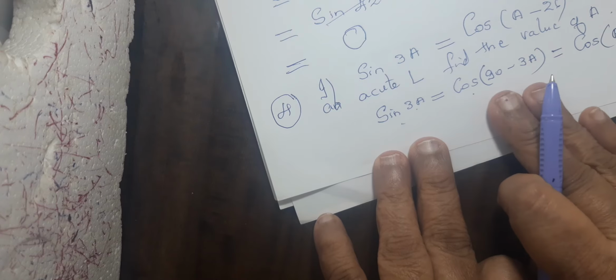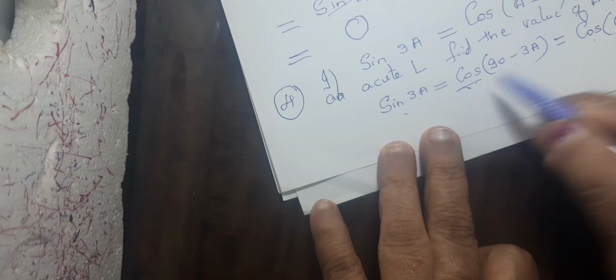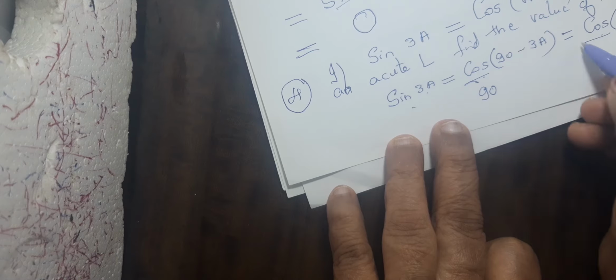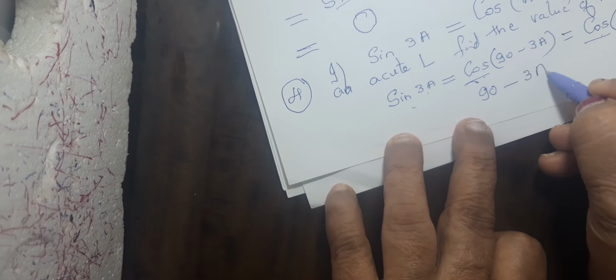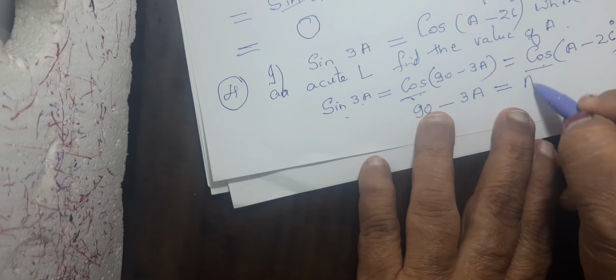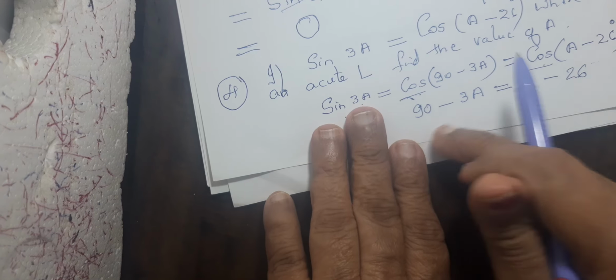So now cos of this is equal to cos of this. Both sides you are having cos here, so put those values which are in the brackets. 90 minus 3a is equal to a minus 26. Just what is inside, you equate them.